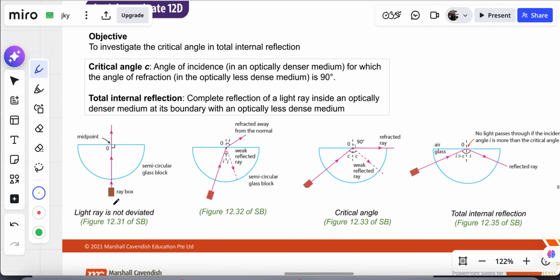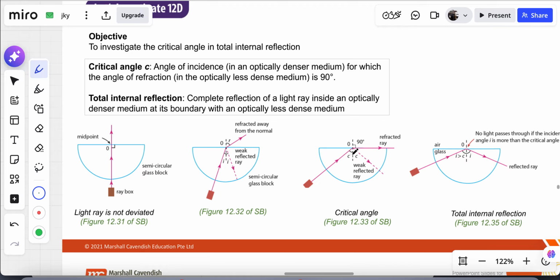These are the scenarios, all four scenarios. Where the ray is passing through the normal, no one will be deviated, we just go straight like this. When you have a small angle of incidence, most of the rays will be refracted out from here. Only a few weak ones will be reflected back in the medium. When you increase it to around 40, most of the rays will be refracted to move at the boundary between the two media, or at 90 degrees to the normal, while a few are reflected.